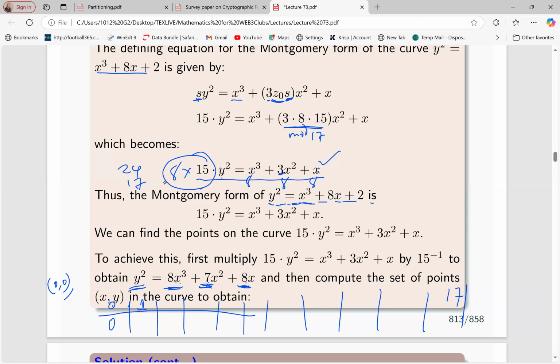15 plus 8 is 23, mod 17 that will be 6. But remember, this is y squared, so y squared is 6.